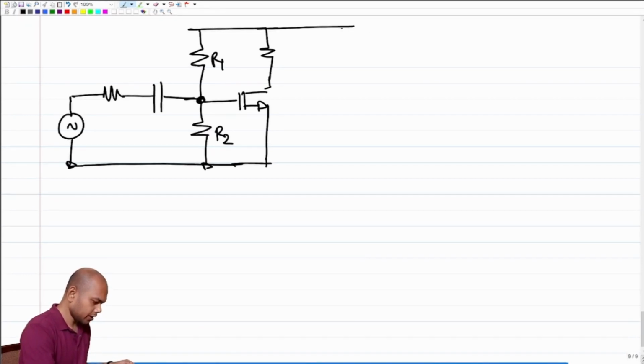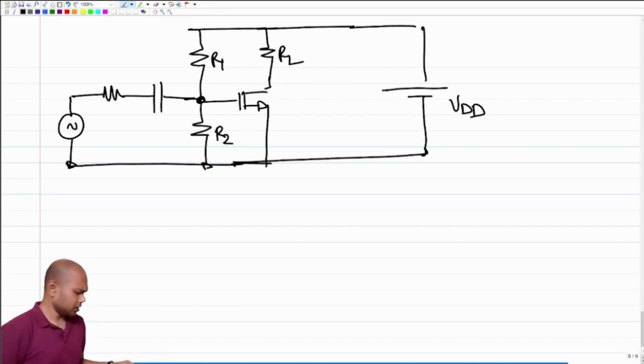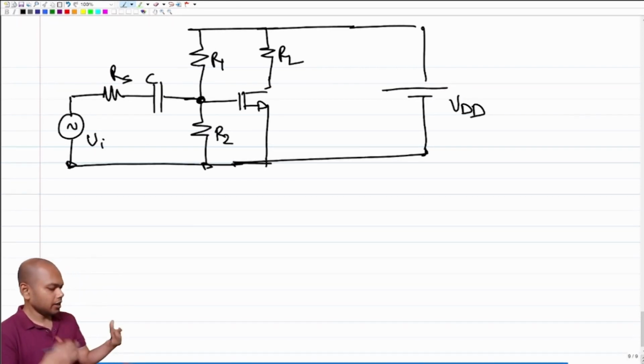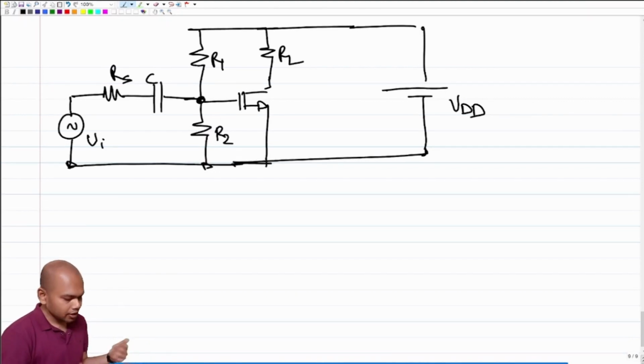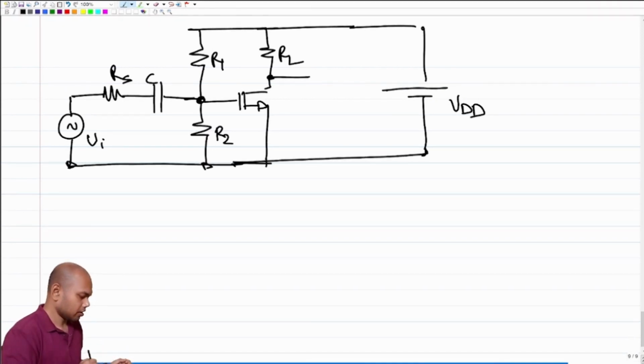This is VDD, and this is RL. It seems like if I size C, R1 and R2 accordingly, all our problems are solved, and if we take the output from this node, it looks like we are good to go.